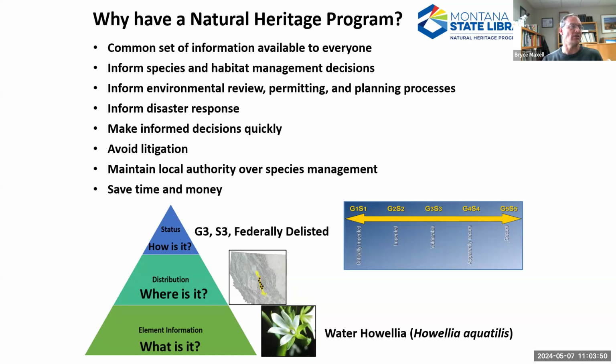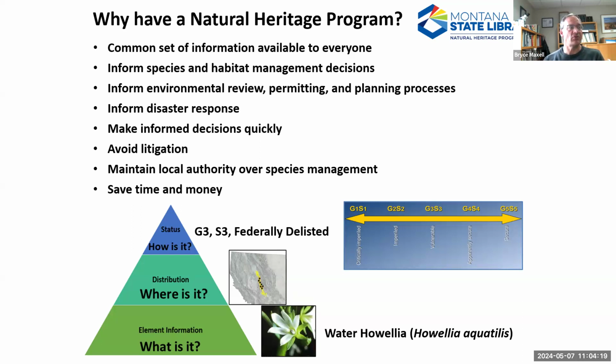You can look at that diagram in the bottom right, those G and S statuses, with G5 and S5 being secure, a species or a habitat being secure at the global, meaning the G, or the subnational or state, meaning the S scale, or they could be on the other end of that spectrum, a G1 or an S1, critically imperiled at either of those scales.